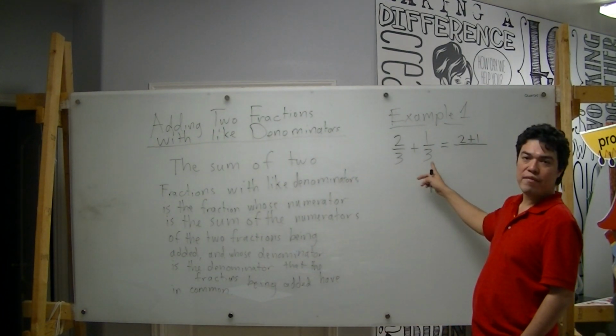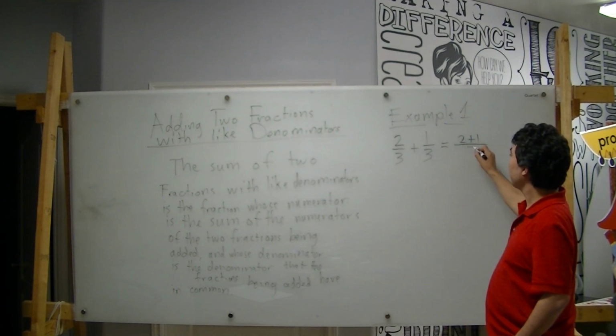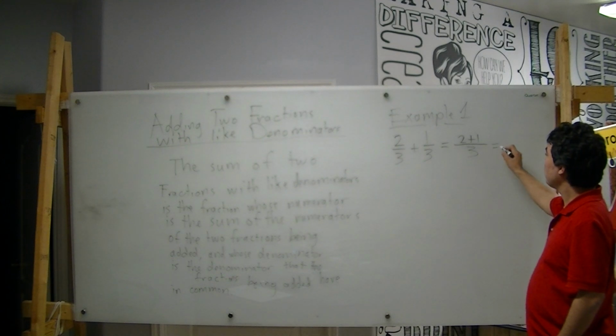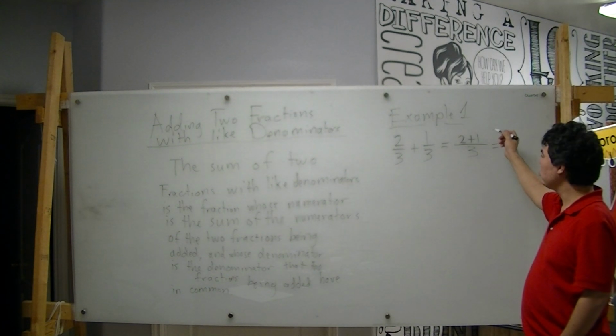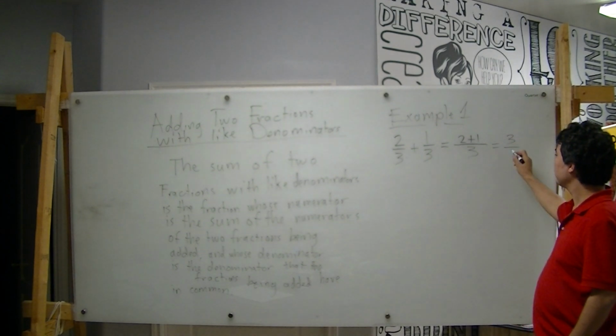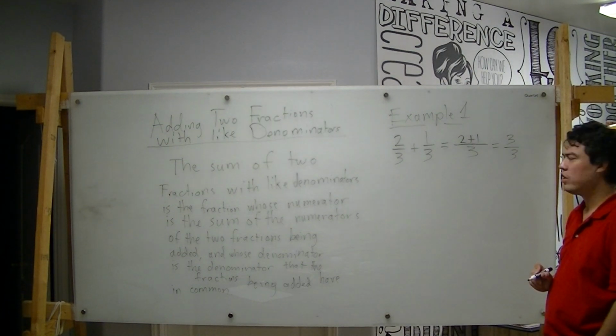These two fractions have the 3 as the common denominator. So that is going to be the denominator of the sum. And so finally, when we add this numerator, it's going to be 2 plus 1, which gives us 3. And on the bottom, we're going to have 3. And so this then is the sum that this gives us.